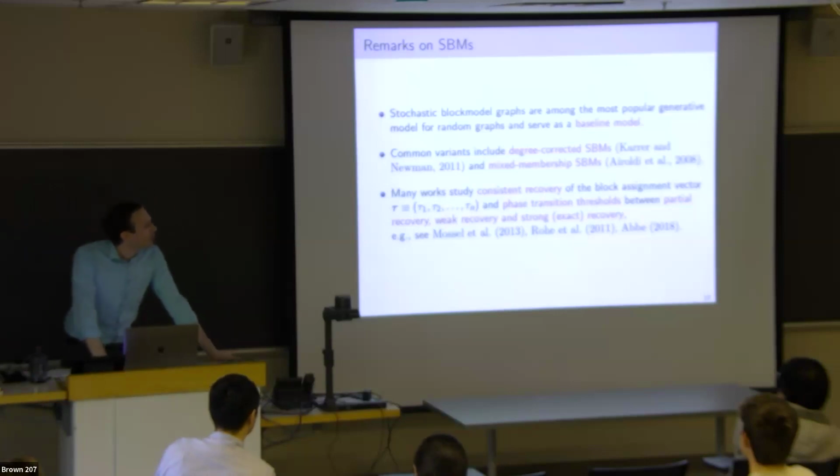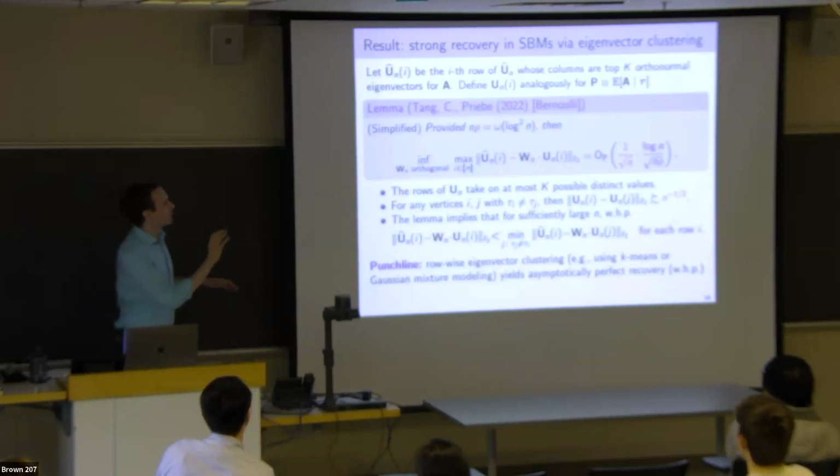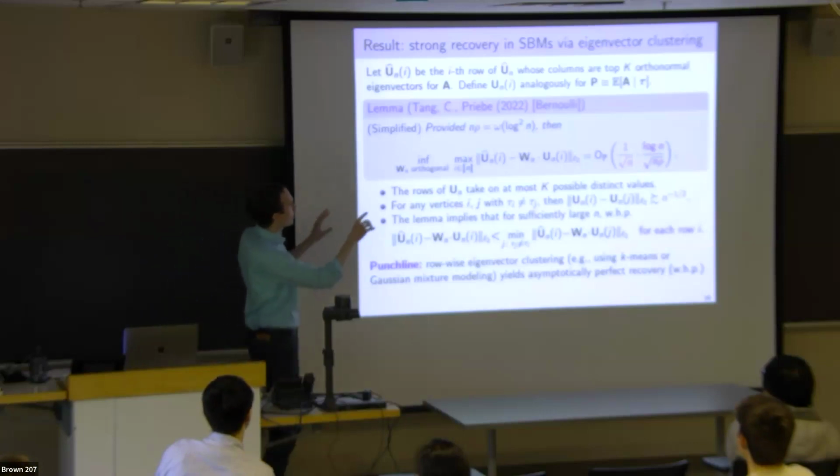So you can go beyond stochastic block models in some settings, but it really is a convenient baseline that is still sufficiently rich to understand the theory and methods. Okay, so here is a simplified version of a theorem. I don't want you to think too much about all the notation here.